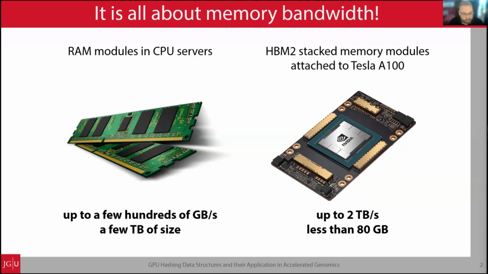Conversely, modern professional NVIDIA accelerator cards, which are equipped with on-chip stacked memory modules, output up to 2 terabytes per second, but they come at a higher price point, so we can maybe only afford a few gigabytes per chip. So it's, in this example, 80 gigabytes for the flagship, which is an A100 accelerator.